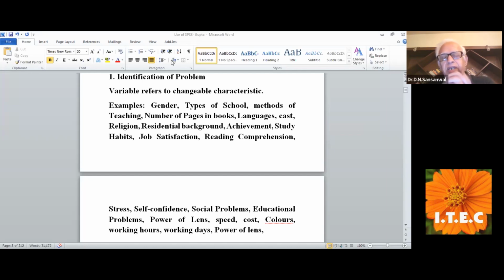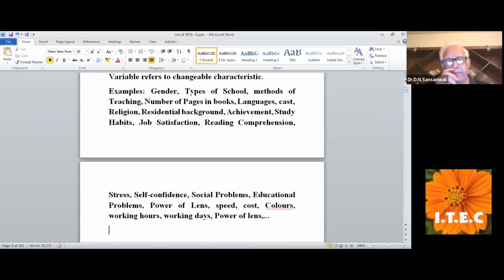See, as a teacher, it is important that we should give examples which are not in the books. And we should give examples related to daily life.